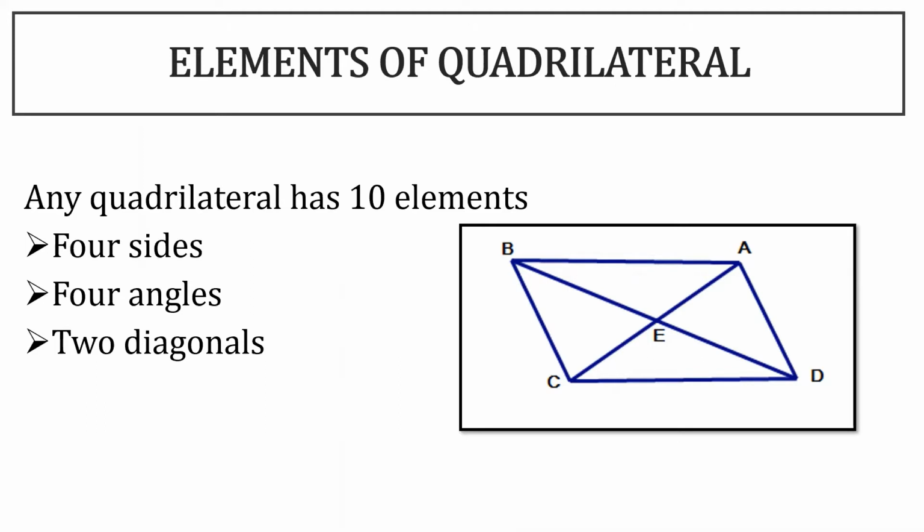So, let's recall the same. Any quadrilateral has 10 elements: 4 sides, 4 angles, and 2 diagonals. These elements and measurements of these elements we are going to use for construction of a quadrilateral.